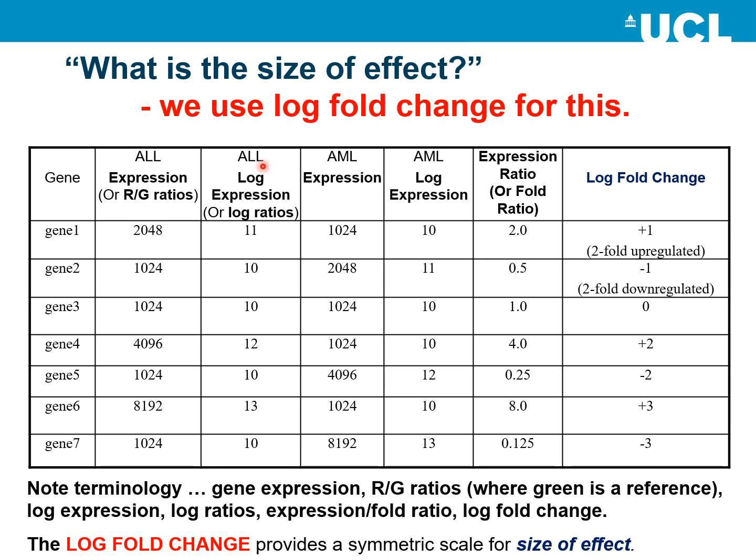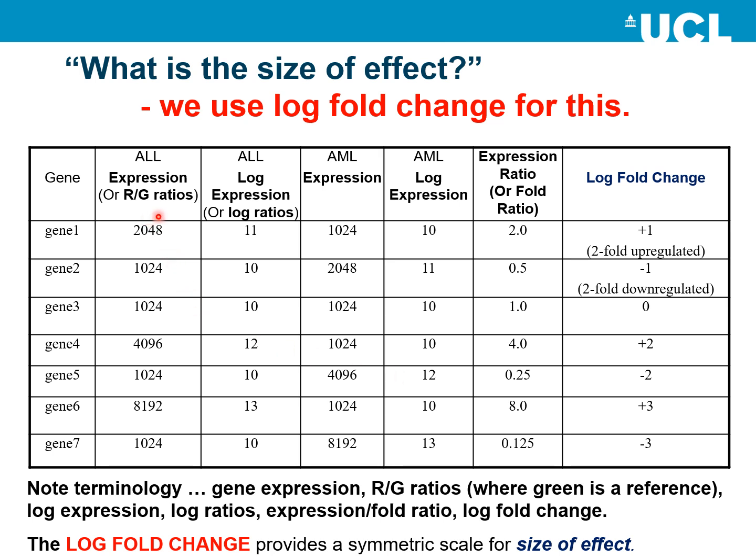So it's been upregulated 2 times, so the expression ratio is 2, and then the log fold change, which is the log base 2 of the expression ratio, is plus 1. Similarly, if it's a twofold downregulation, it's minus 1. It's 0 if it remains unchanged, with a ratio of 1, because the expression levels are equal.